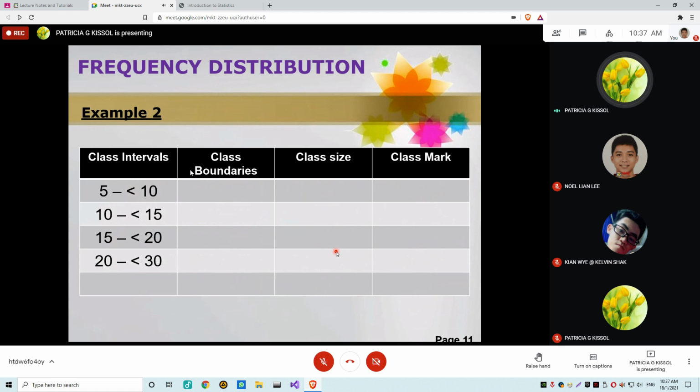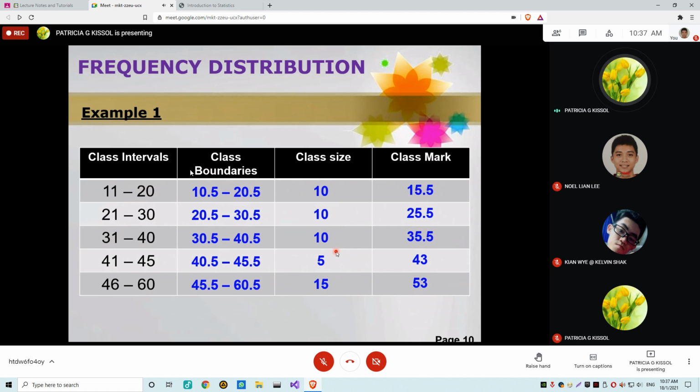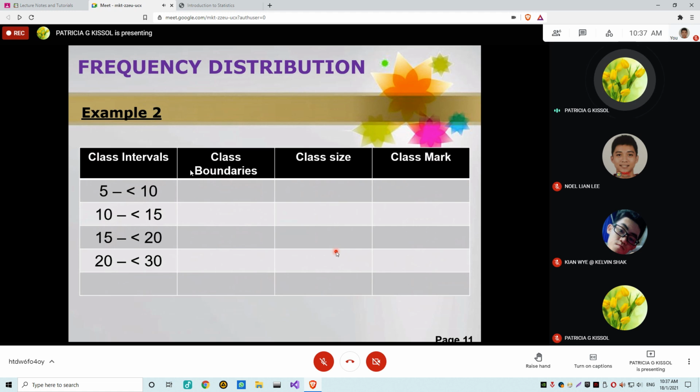Now notice the difference between example number 1 and example number 2. What do you see are the differences? Anybody can tell me? The symbol. Yeah, one thing is the symbol, and another thing is, you see the value 10 is the same as this value. Same. So that means this data is from 5 to less than 10.